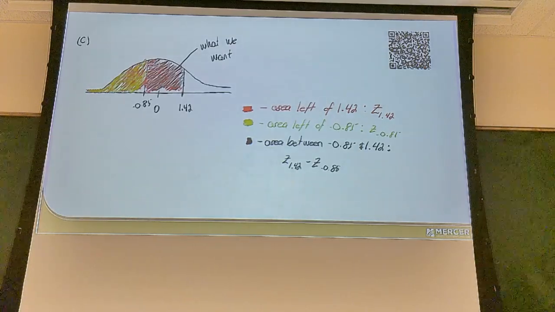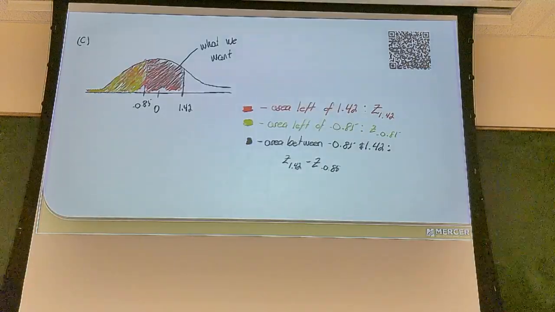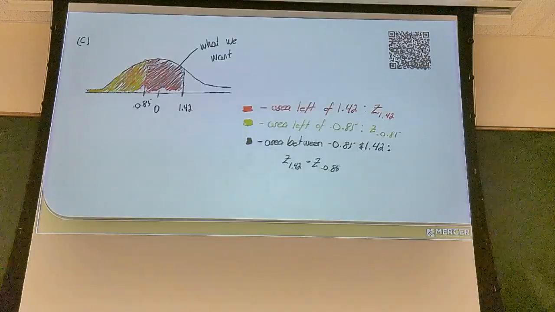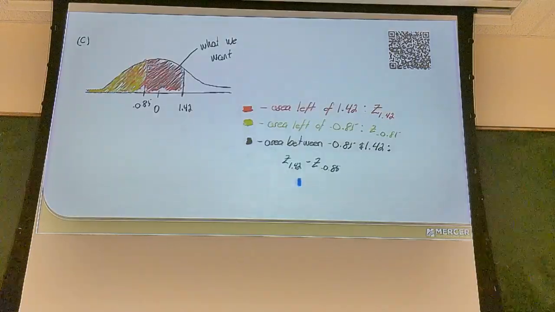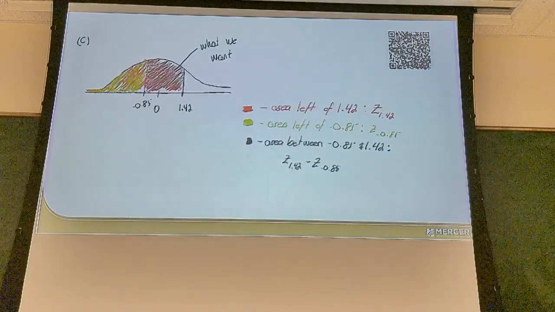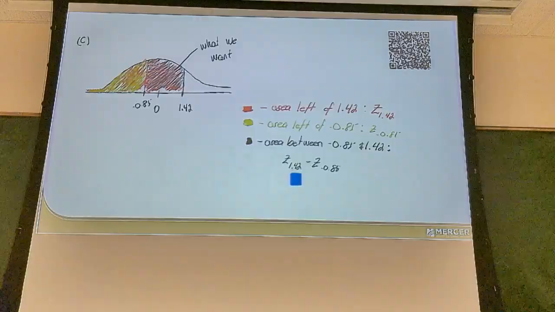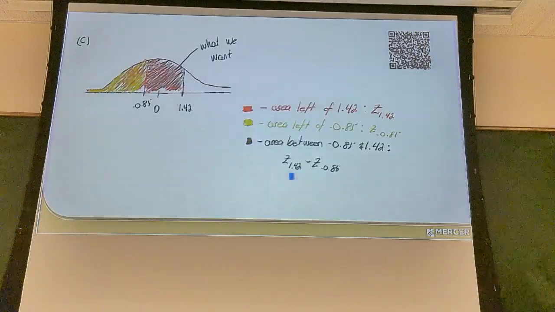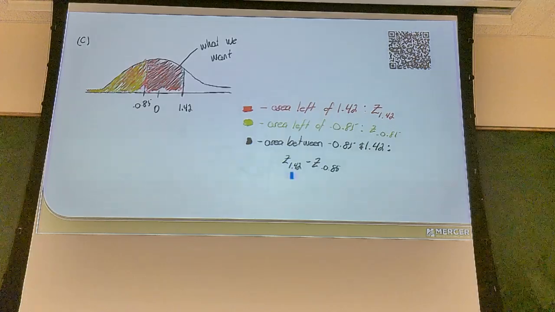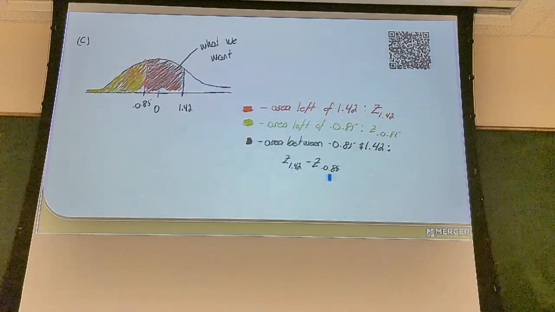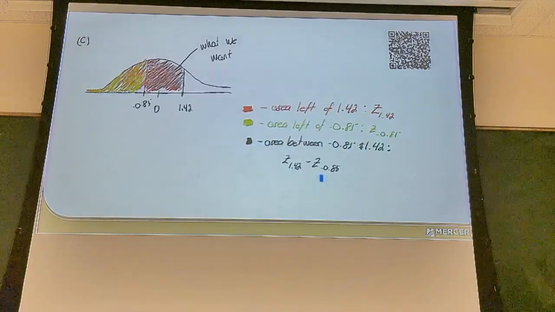That works, okay, so let me use this for my point. That is the probability that Z is less than 1.42, and then that is the probability that Z is less than negative 0.85.